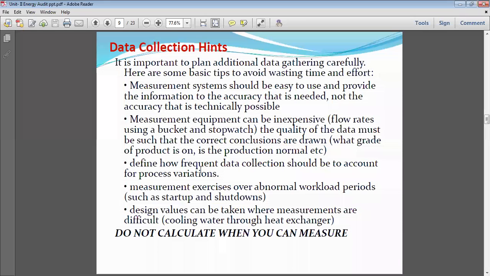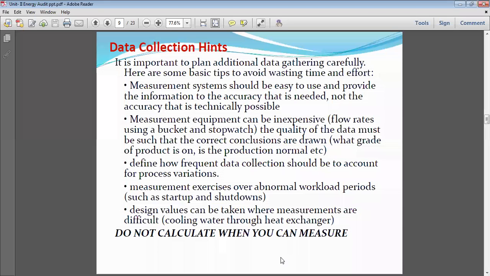So this is needed. Now the very important hint in data collection is: do not calculate when you can measure. What does it mean? We should rely on the measurement system. For example, if you want to calculate the power, power is P = V x I x cos theta. I can calculate the power. But if there are harmonics in the system, can we use the same formula?